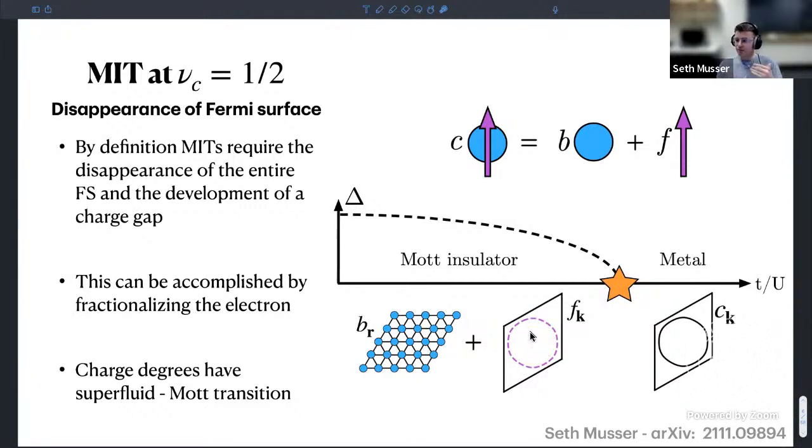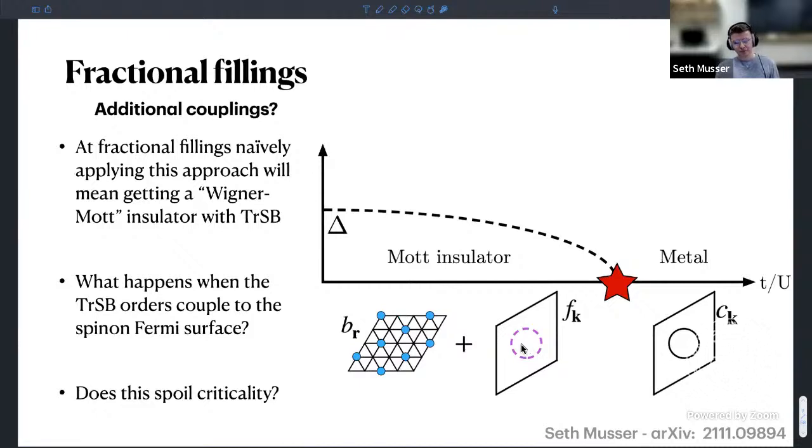But if you try to move charge through this system, it's not going to work, because all of your charge degrees of freedom are frozen. You might think, and it turns out to be the case, that this is described by the charge degrees of freedom having a superfluid-Mott transition across this critical point, and the spin degrees are just spectators. We'll see that when you're careful, this is actually true. But this is all at half filling. What happens at fractional fillings?